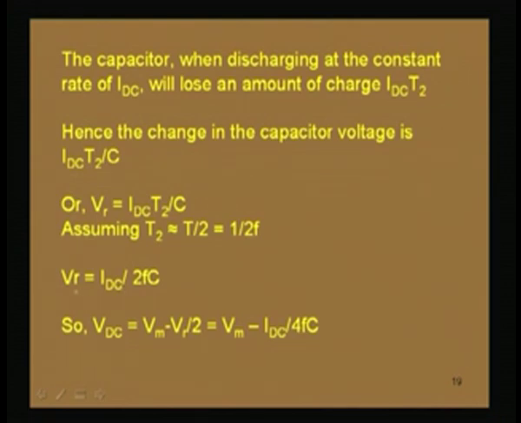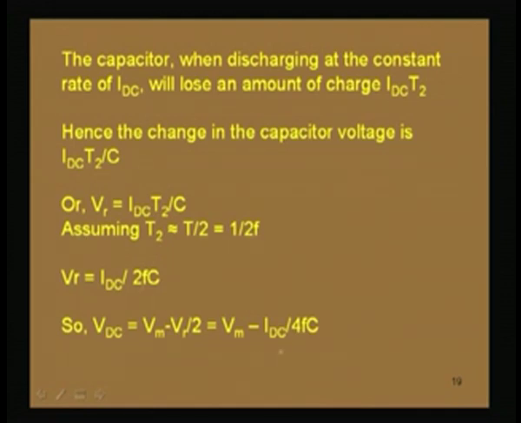So, this becomes the ripple voltage expression, and so we can write about the VDC, DC voltage or output average voltage equal to Vm minus Vr by 2 that we have just now derived, and now substituting for Vr by this expression, we get output DC voltage equal to Vm minus IDC by 4fC, this 2 will be making it 4fC.